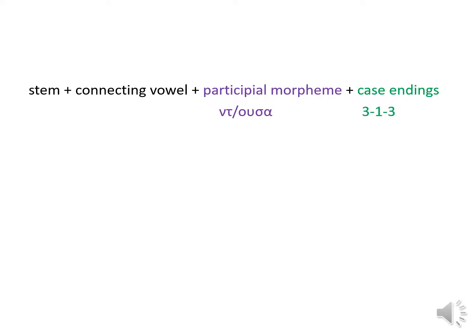If you see these in the middle of a word right before case endings, ντ or ουσ, that will be followed by third or first declension endings. Or you might see μεν in there with second or first declension endings, or οτ with third or first declension endings. So those are the four morphemes to look out for: ντ, ουσ, μεν, and οτ.